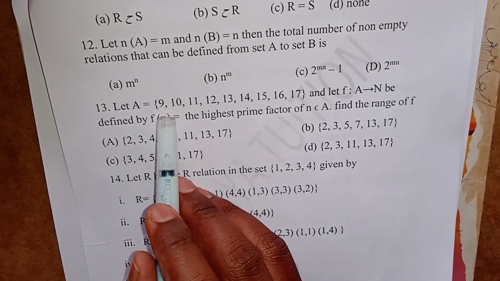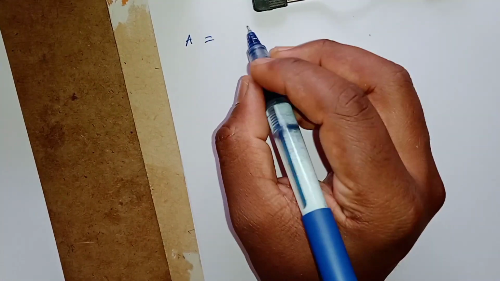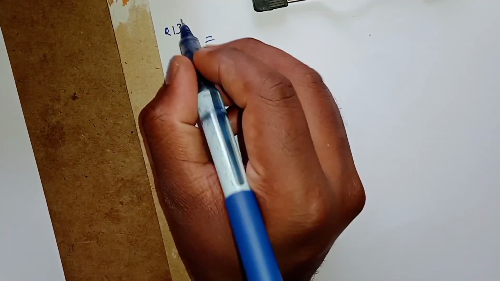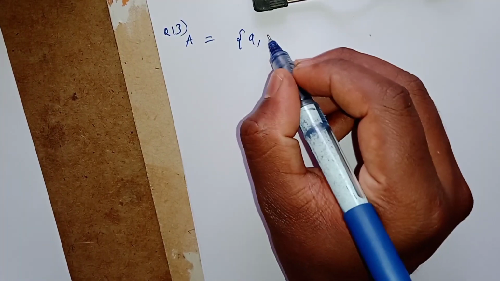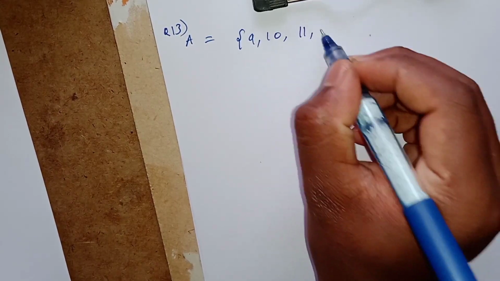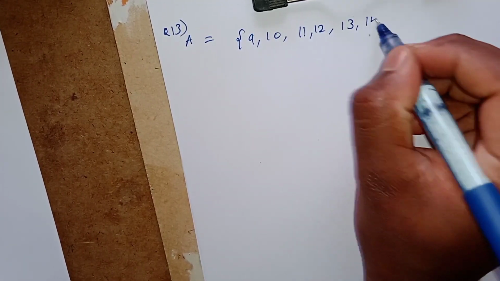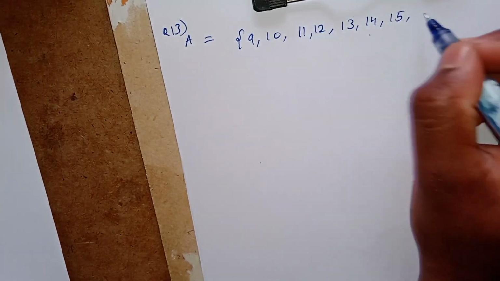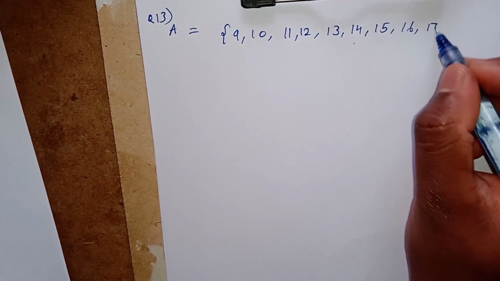Let A equal to 9, 10, 11, 12, 13, 14, 15, 16, 17.